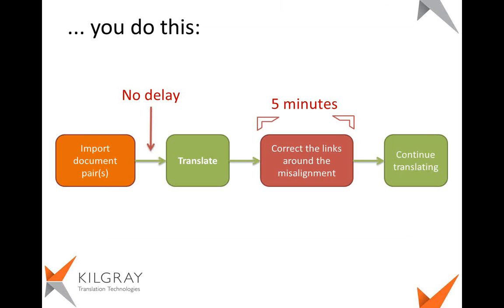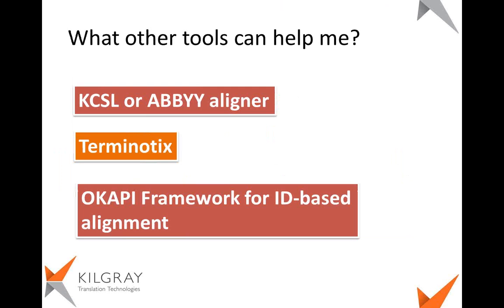Okay, if there are no more questions here, I would mention two things before we wrap it up, because we still have 5 minutes. There are very good linguistic aligners, like this KCS or Rabi aligner.